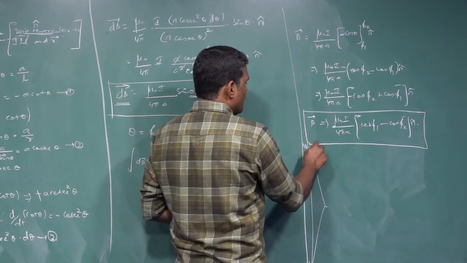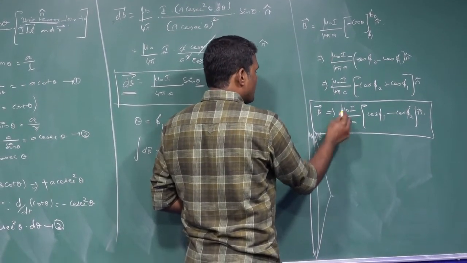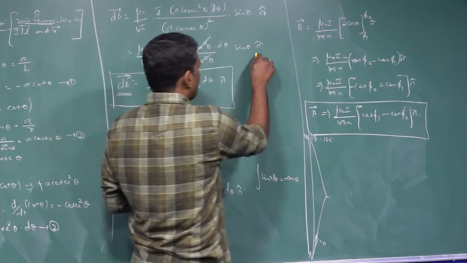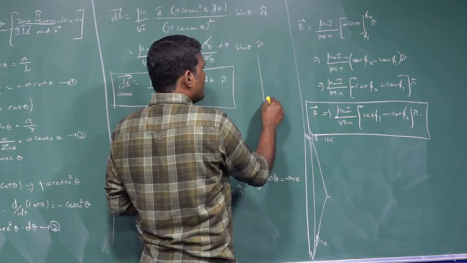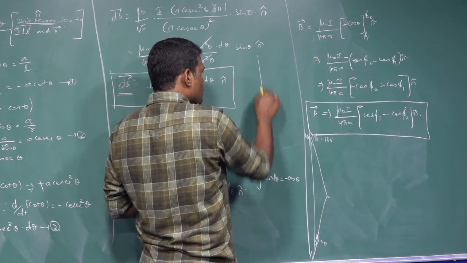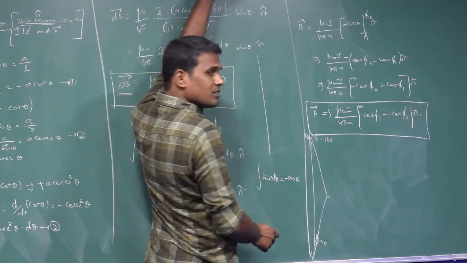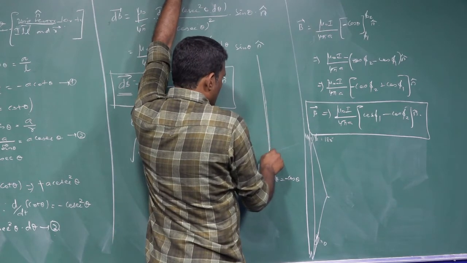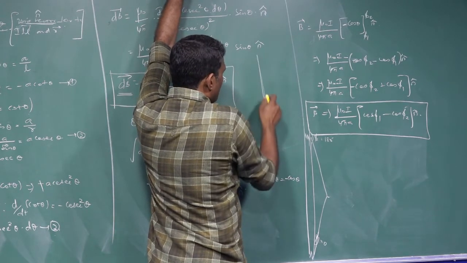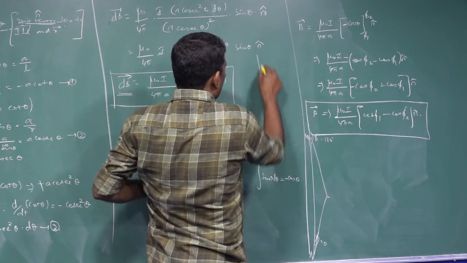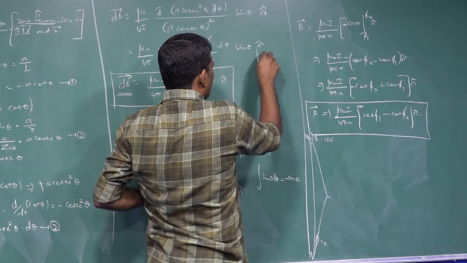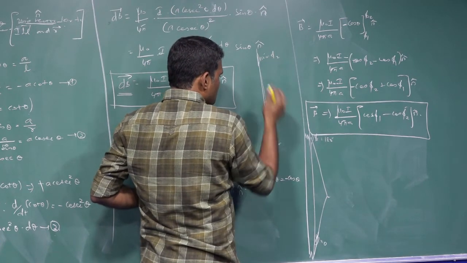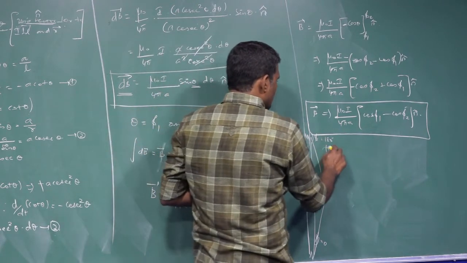So the value of phi 2 will approach 180 degrees, and the value of phi 1 will approach 0. If it is an infinitely long straight conductor, then this point will be very, very close to the conductor, since the length of the conductor is infinitely long. So this angle phi 2 becomes 180, and this angle phi 1 goes to 0.